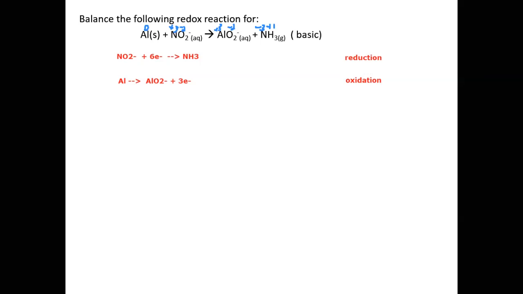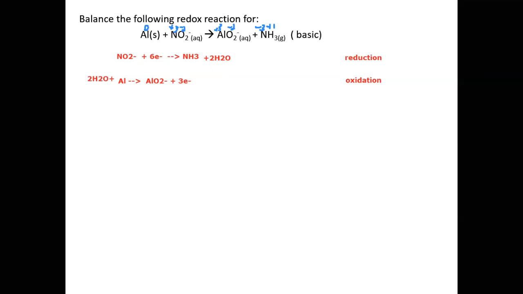So now we need to balance the oxygen. So NO2 minus, we need 2 oxygens for the first one. And we have 2 oxygens on the products for the oxidation half reaction, so we need 2 oxygens on the second one. Okay. Now we balance the hydrogens.